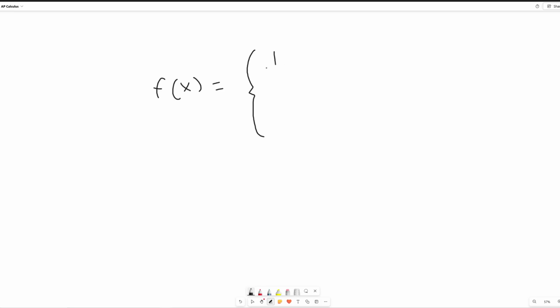So if, for instance, I have 1/2 x cubed plus 1 for x less than 2, and then I have negative x plus 7 for x greater than or equal to 2. Now, it would ask, is f of x continuous at x equals 2?